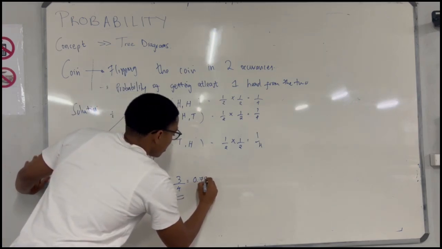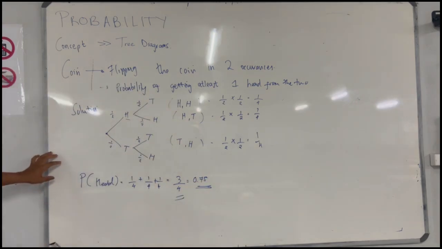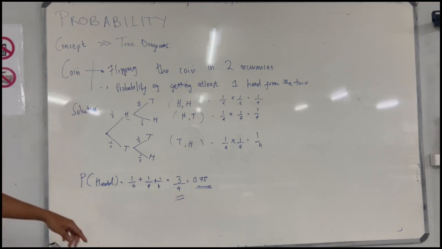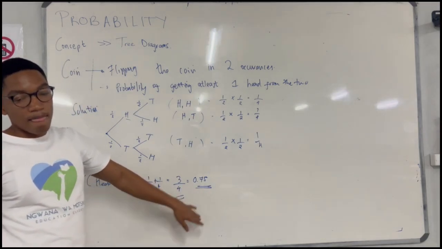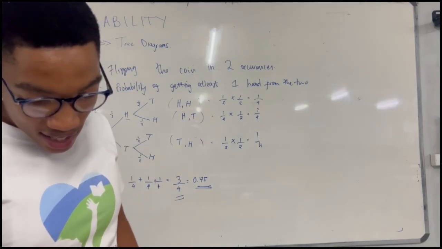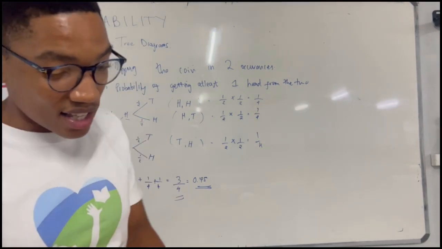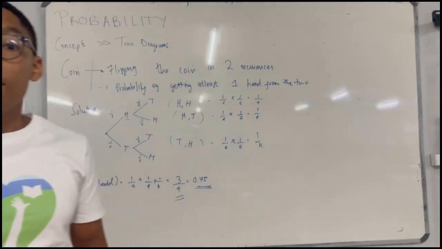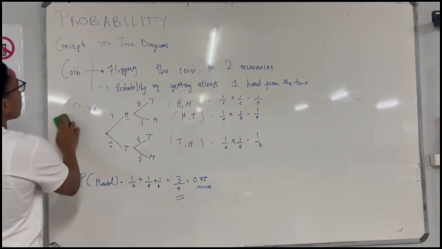So the probability of getting at least one head from the two is 0.75. Now we're going to look at another example for us to better understand this tree diagram.